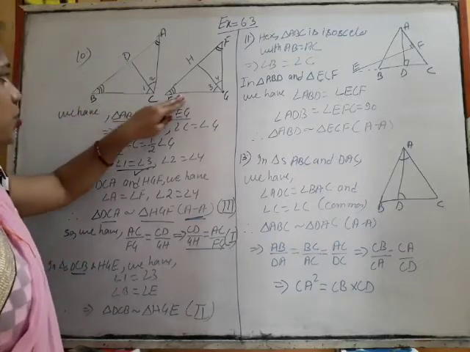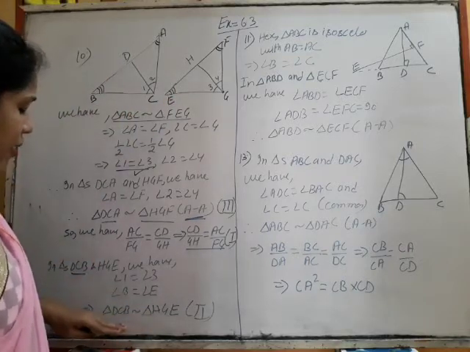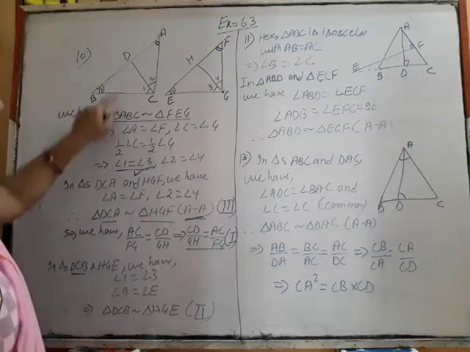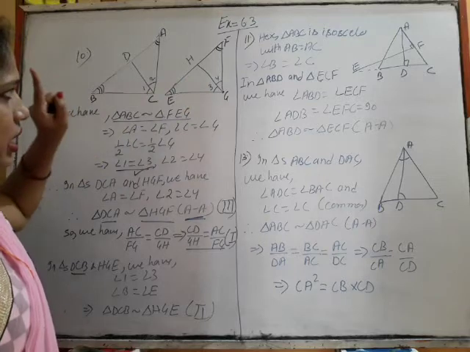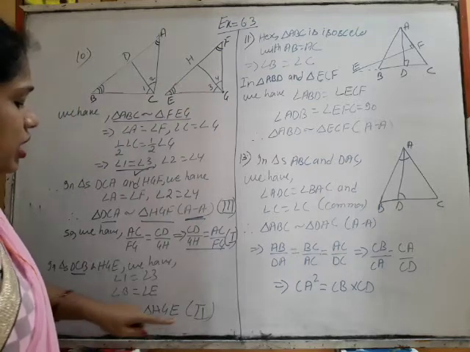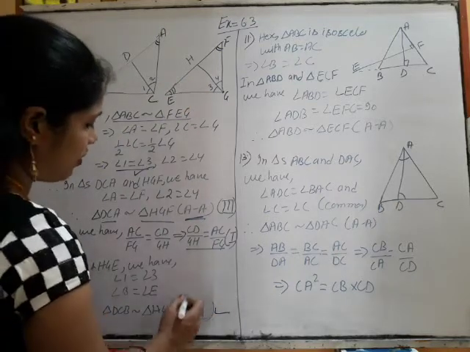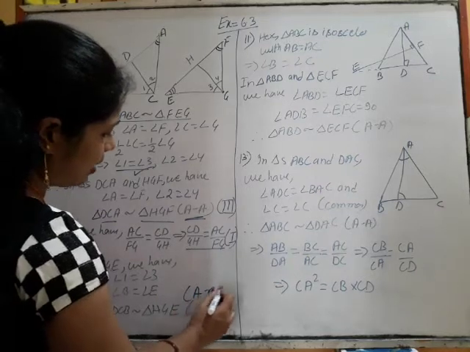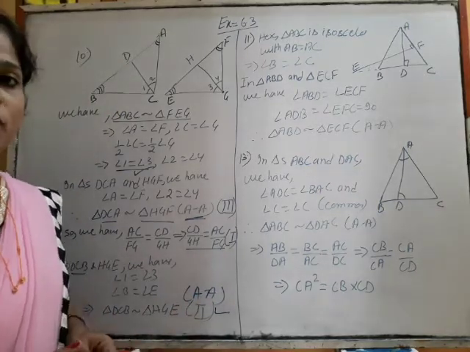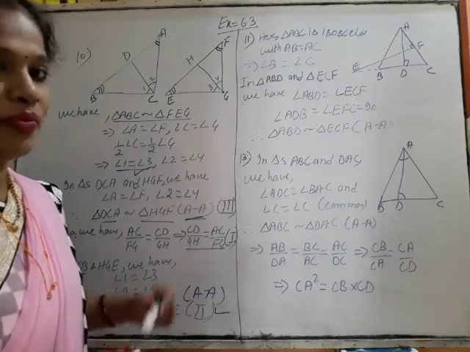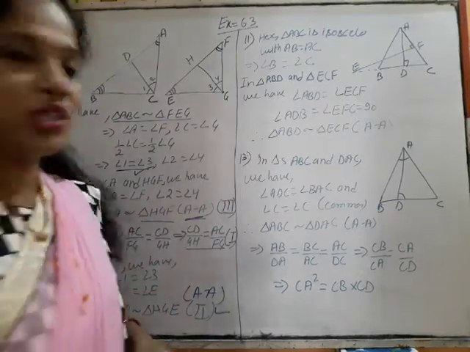So again by angle similarity, triangle DCB becomes similar to HGE. This is our second result. Here you can also write the reason: angle similarity criteria. I hope you have understood. Easy now? Okay, let us move on to the next question.